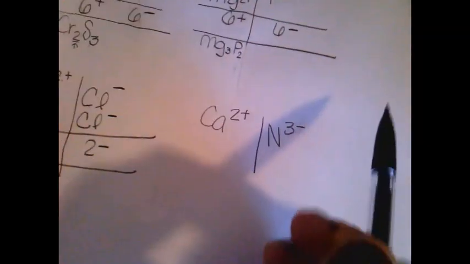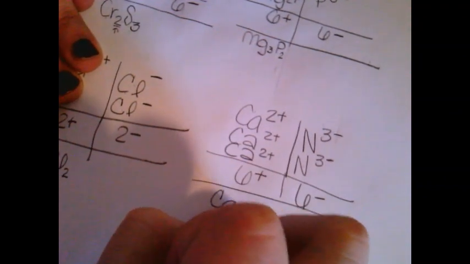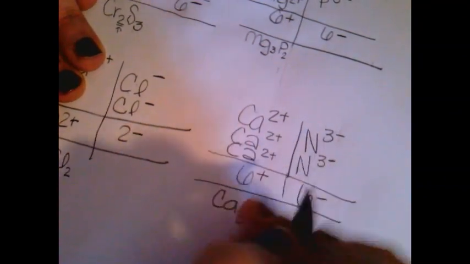So the least common multiple is 6. I'm going to rewrite N 3 negative, so there's 6 negative on this side. And now I need 1, 2+, that's 4, and 6. So now I have 6 positive here. They are balanced out. I'm going to count up how many I have. I have 3 calcium and 2 nitrogen.